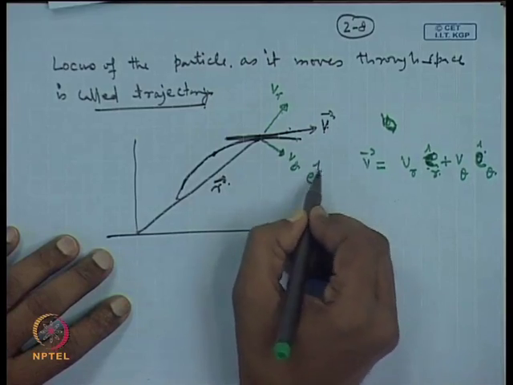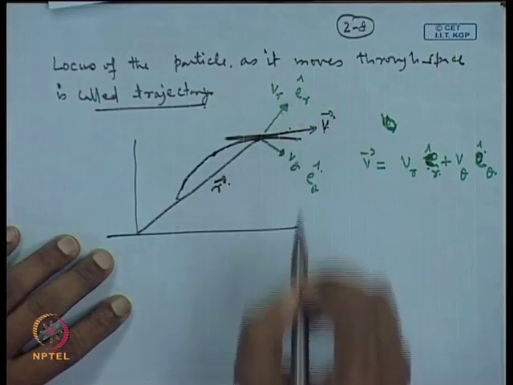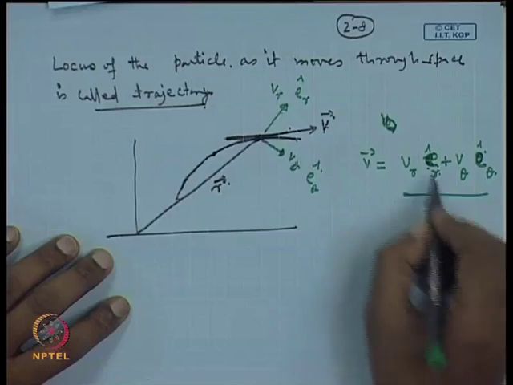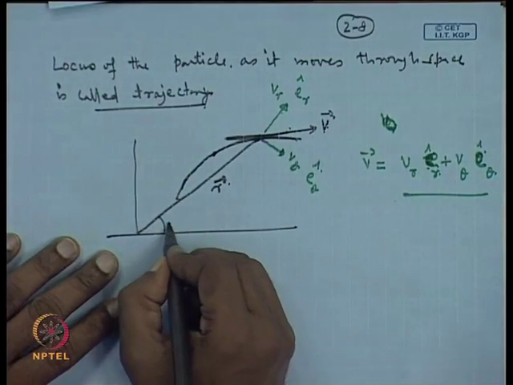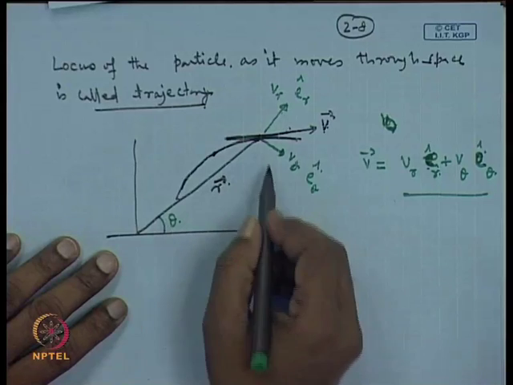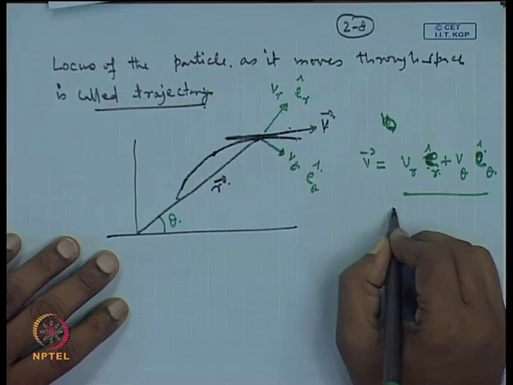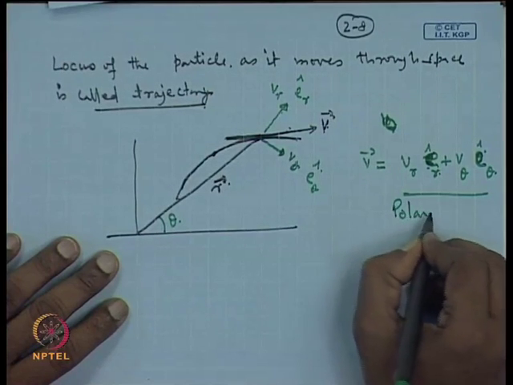E theta is the unit vector here, and E r is the unit vector in this direction, where theta is this angle. This kind of representation is called the polar notation.